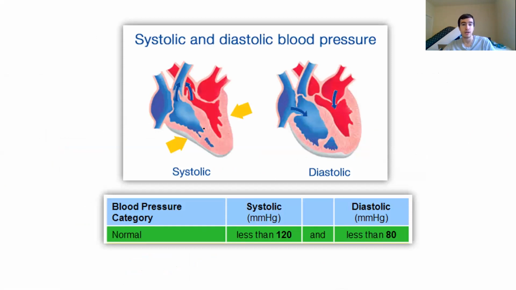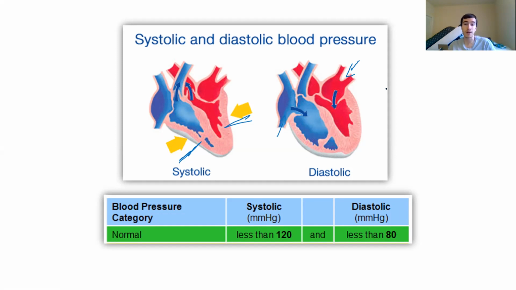As your heart pumps and contracts, it's pushing the blood and creating that larger systolic number. As it relaxes and gets nice and filled from your veins, that's when you have that lower diastolic number.